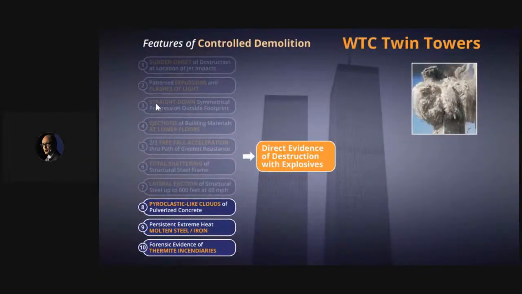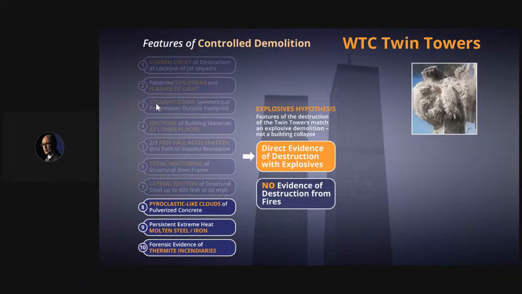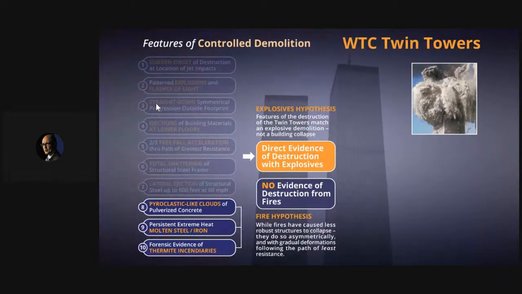So the additional 8 key, very uncharacteristic, by the way, features of controlled demolition because of the incendiary use here instead of explosives. They're direct evidence of destruction with explosives. Fire does not create these features, any of them, let alone all of them.